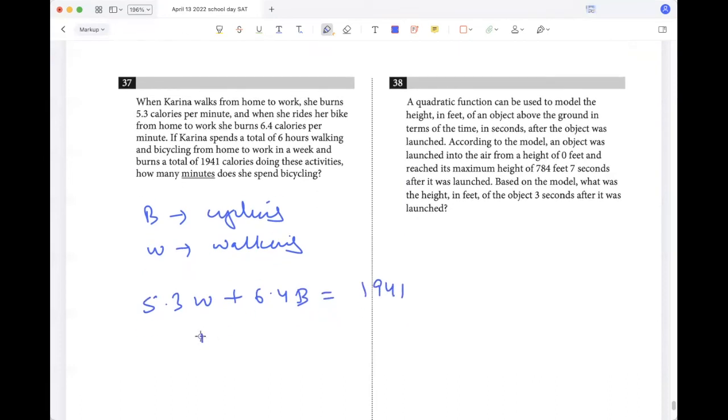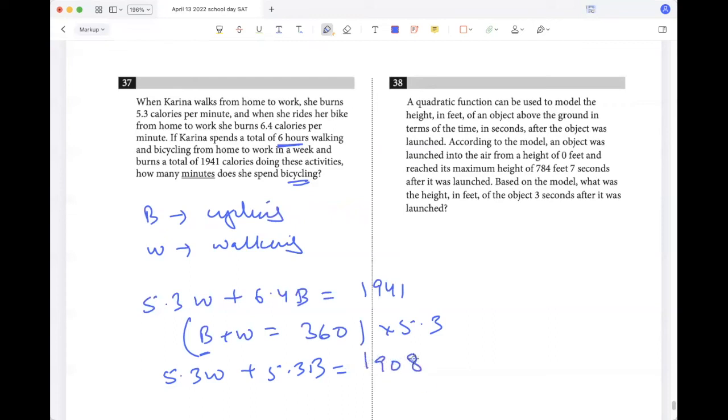And how much? The B plus W is 6 hours, right? So 360, right? Minutes. Okay, now we have to find bicycling. So we have to find B. So let's multiply this equation by 5.3. So we get 5.3W plus 5.3B is, okay, what is 360 into 5.3? 360 into 5.3 is 1908.